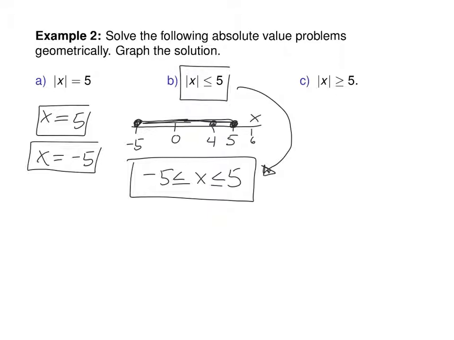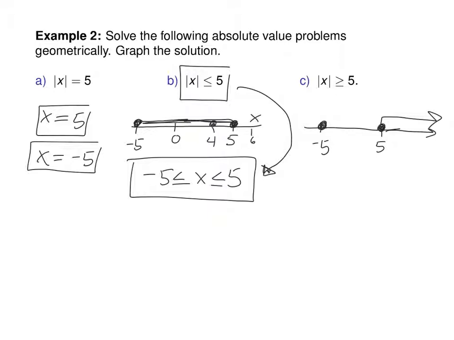Now this other one, the absolute value of x is bigger than 5, so all the numbers that are more than 5 away from 0. Does 5 work? Yes. How about 4? No. How about 6? Yes. 7? 1,000? Yes, so 5 on up. -5 also works, right?